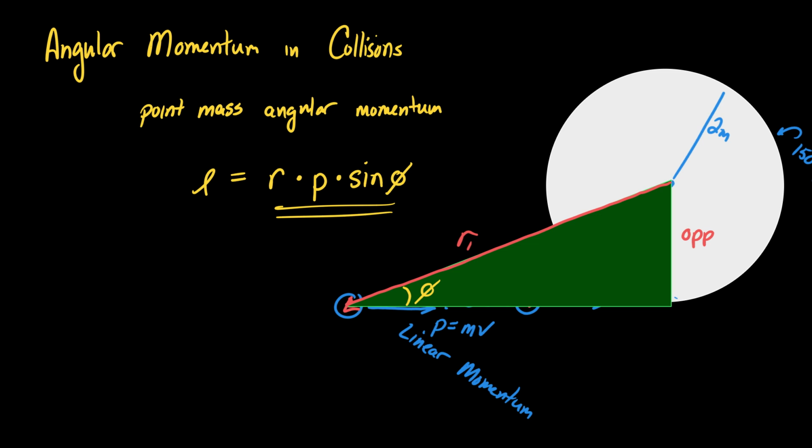Well, if you'll recall, sine of phi is opposite over hypotenuse. So the opposite side has got to be R1 sine phi 1. That okay? So now we're talking about this side. That occurs when the kid is here, but the kid is moving, so eventually the kid will be here, right?